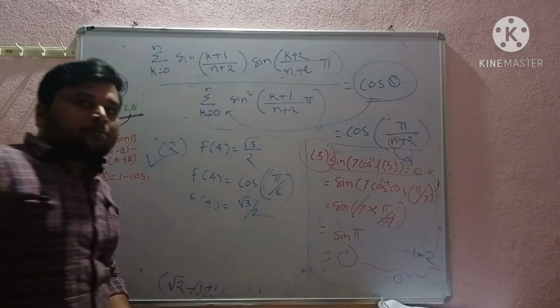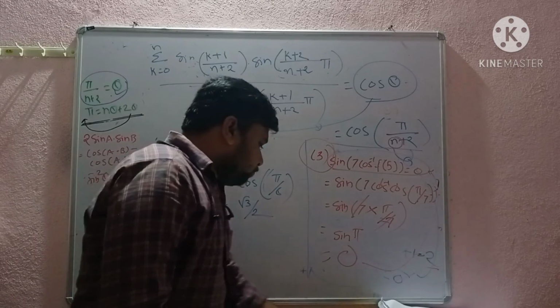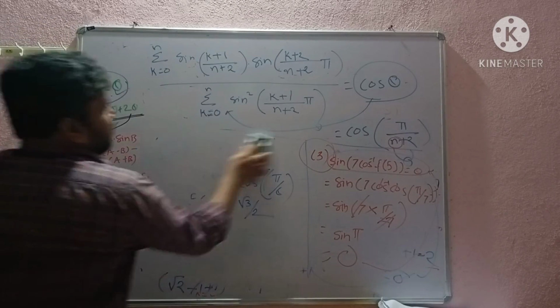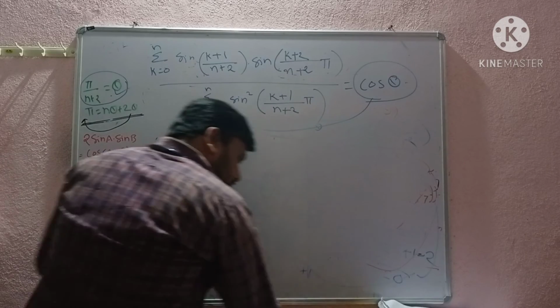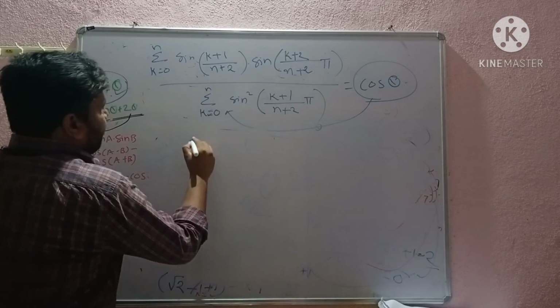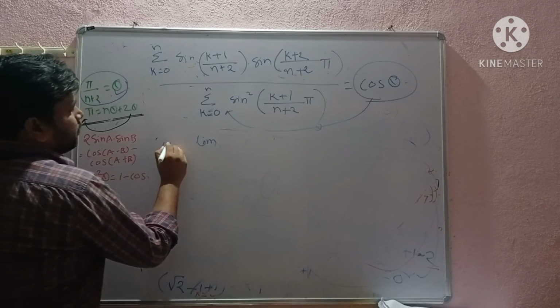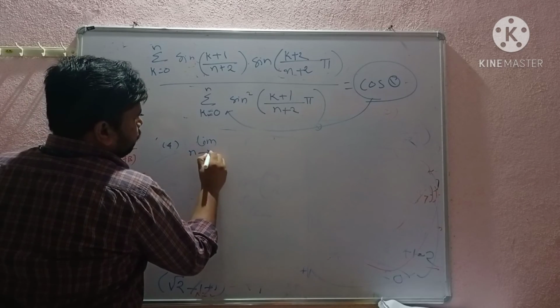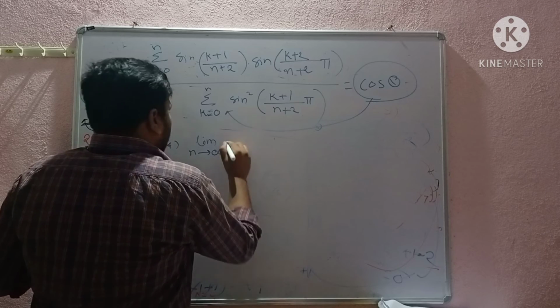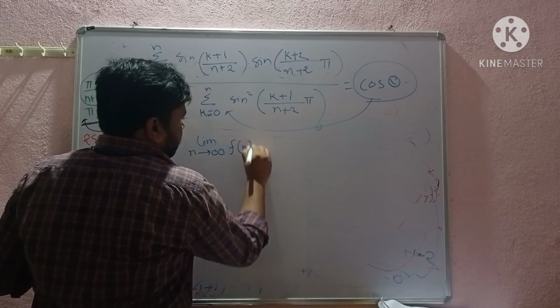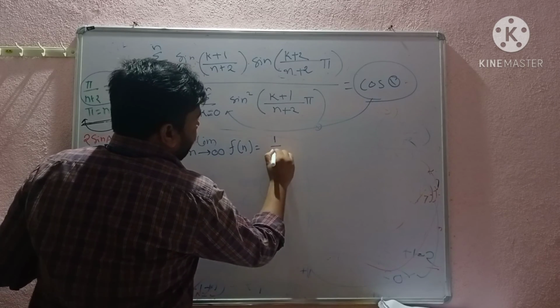Now let us see the last option of this first mathematical example given here. The last option states: limit n tends to infinity of f of n is equal to 1 upon 2.